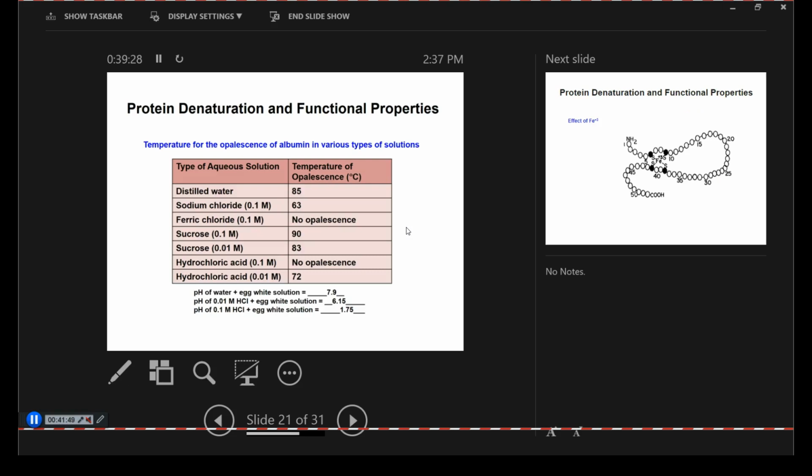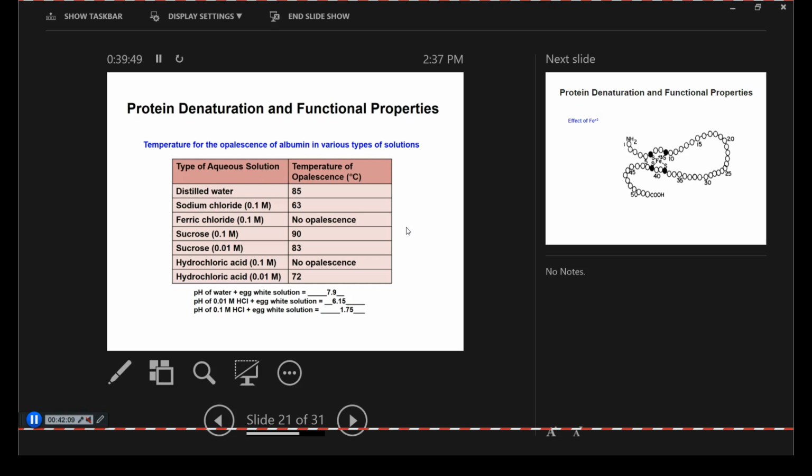Here's a small experiment we did at Purdue in one of the food chemistry labs. We looked at the impact of salts, sugar, and acid on the denaturation of albumin, which is egg protein.